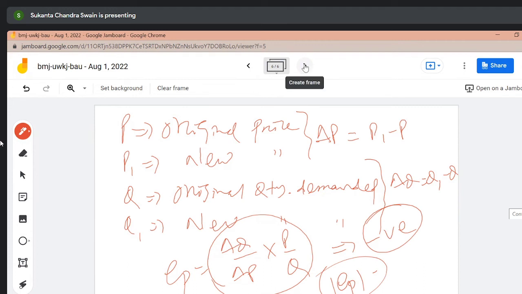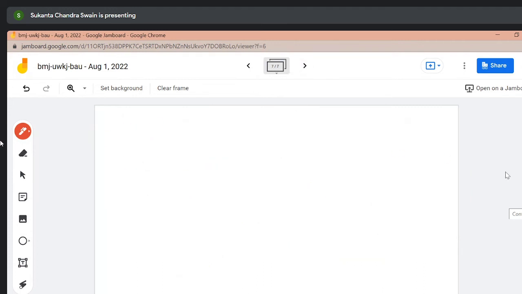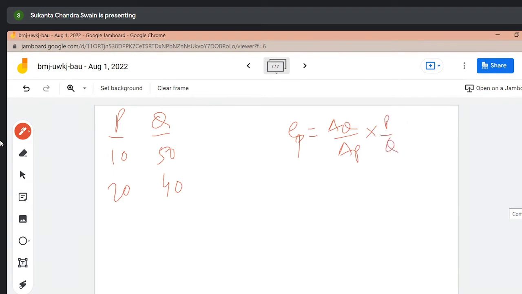Then we can have a small example to find the values. Let's say price and demand are 10 and 50, then 20 and 40. Price increases, demand comes down. So EP is equal to del Q by del P into P by Q. This is your P, this is your P1, this is your Q, this is your Q1.